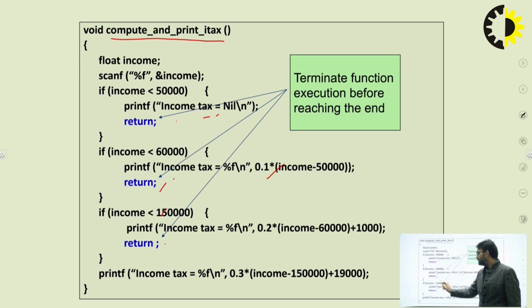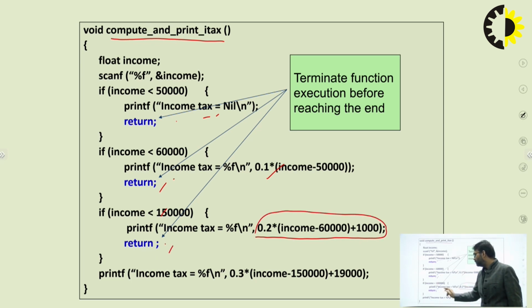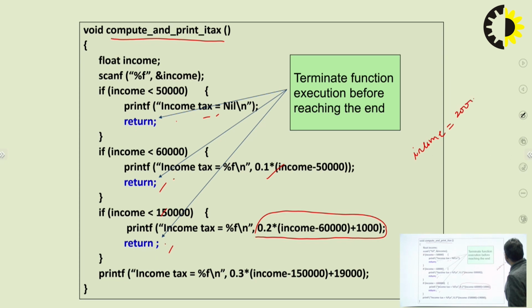If income is 1,50,000, then income tax is calculated by this formula and we return. It means suppose we are using income equal to 20,000. Then either this condition will be true, or this condition, or this condition.